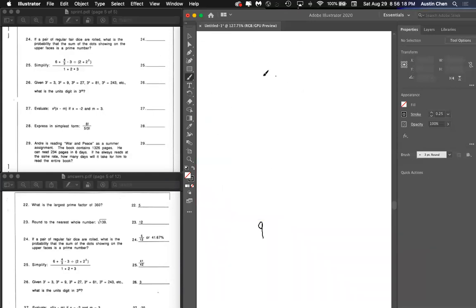Okay, expressed in simplest form: 8 factorial over 5 factorial times 3 factorial. If you have factorials dividing over each other, what you usually want to do is clear out the biggest factorial on the bottom with as much of the top factorial as you can.